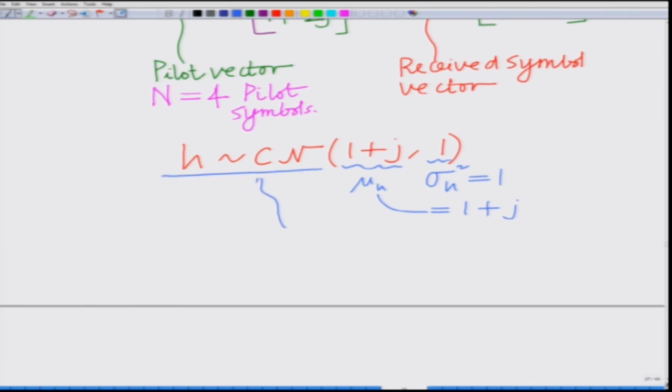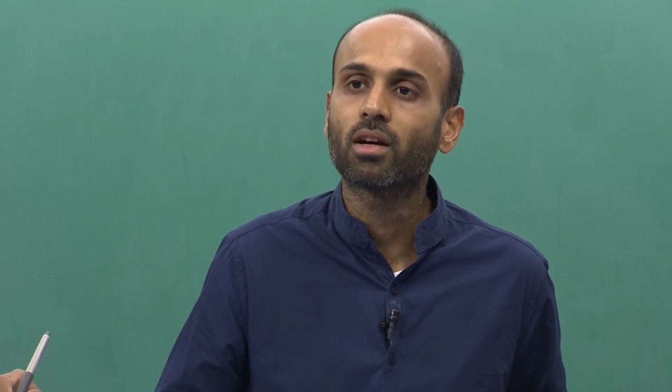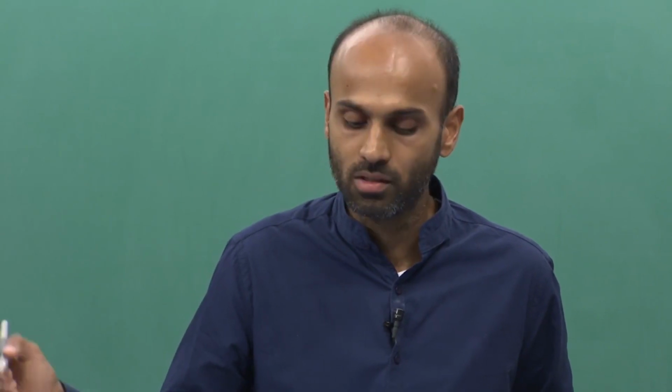This is the prior distribution. Since we are considering a complex scenario, the channel coefficient is complex and its prior mean is complex, that is 1 plus j, and the variance sigma h square is equal to 1.